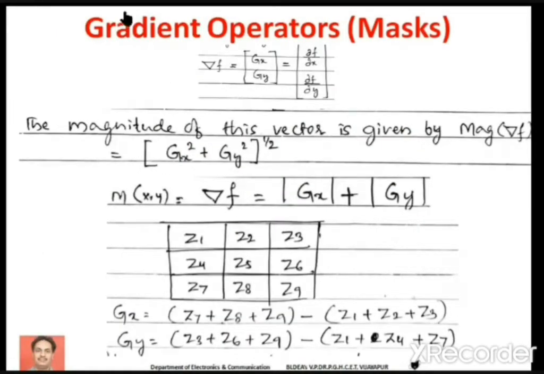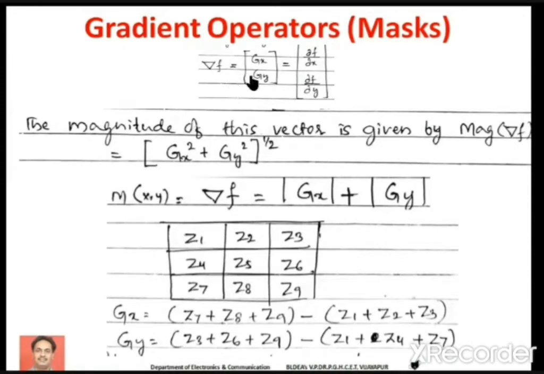First we have the gradient operators. Here, operators means, in the case of spatial filters, we are going to study the mask that has to be used to carry out the required operation. In general, the gradient function can be denoted as del f of x comma y.